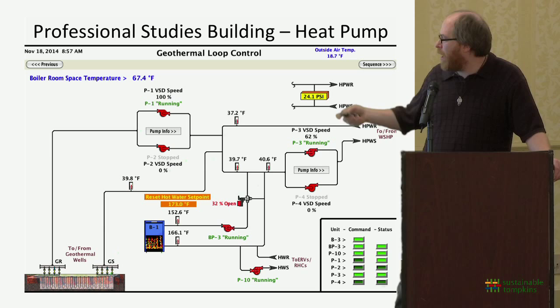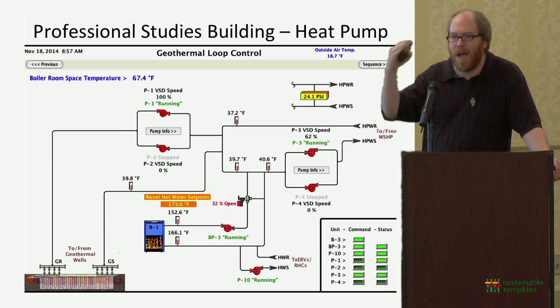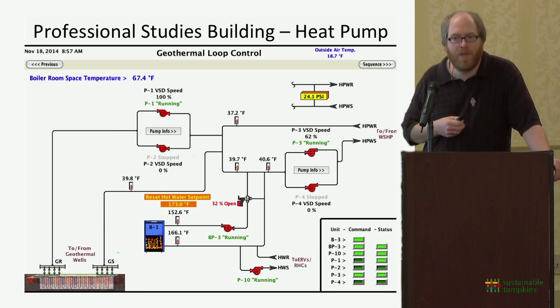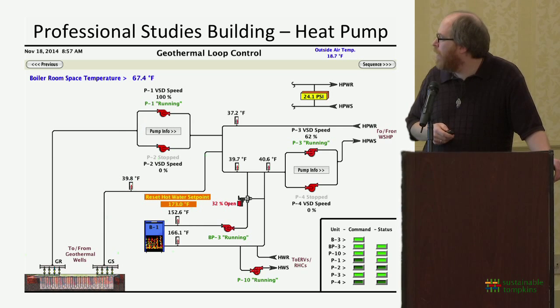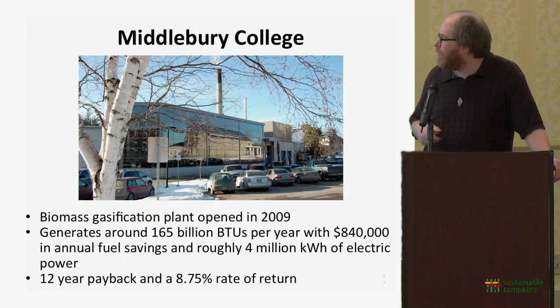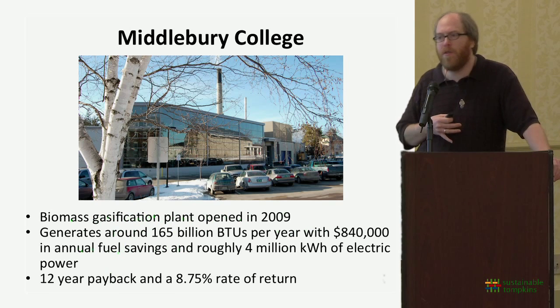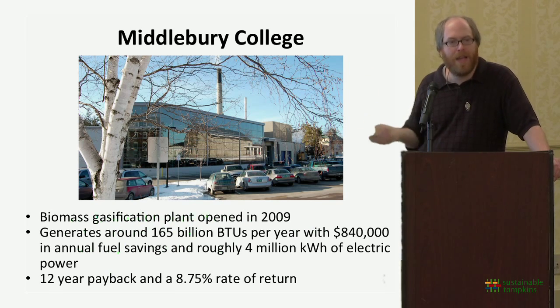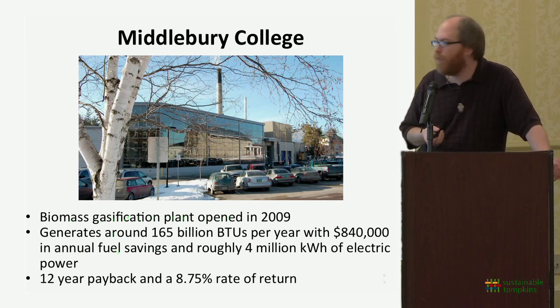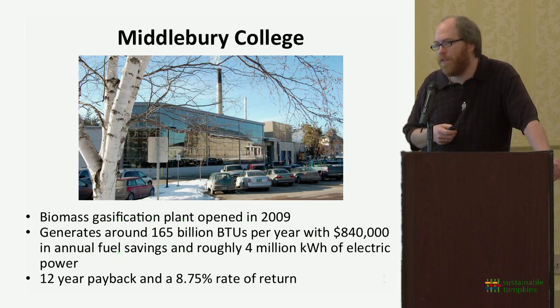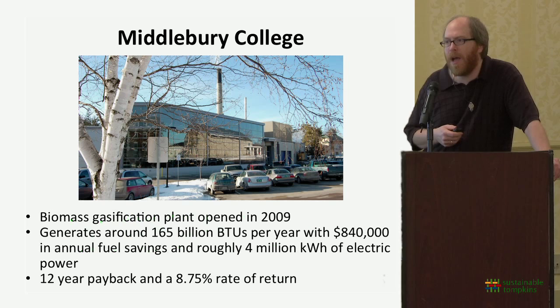So coupling biomass with heat pumps can allow you to chop off some of those very high loads and save money on your well fields. It can also provide higher heat for process heat. If you have big centralized loads, though, like the Cornell Tech Park, combined heat and power begins to look attractive. Middlebury College, for instance, has a biomass combined heat and power plant.